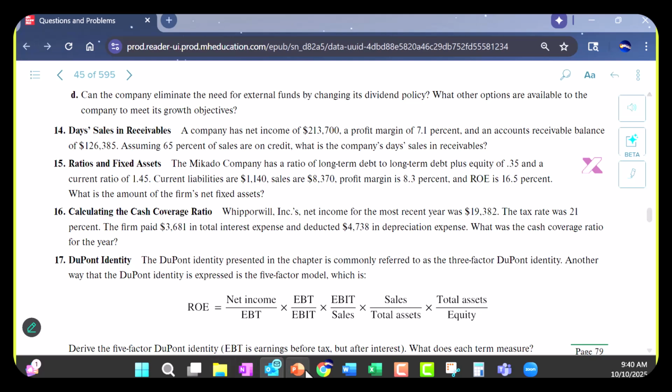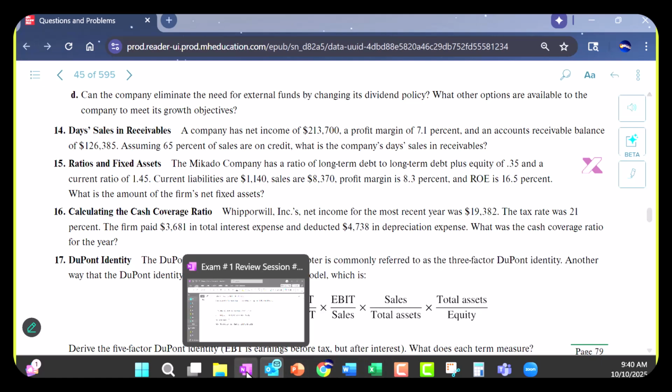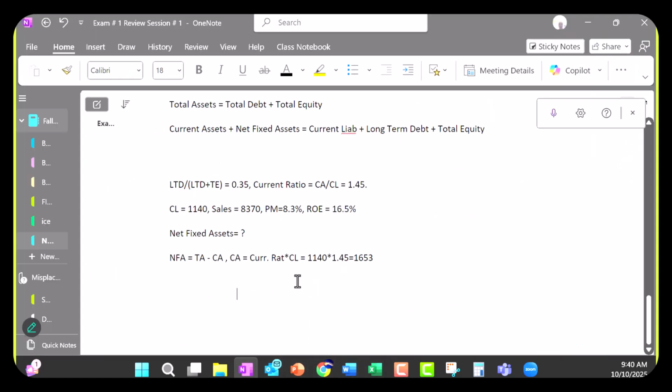Let's do this. Yeah, we have this ratio, right? Let's see.